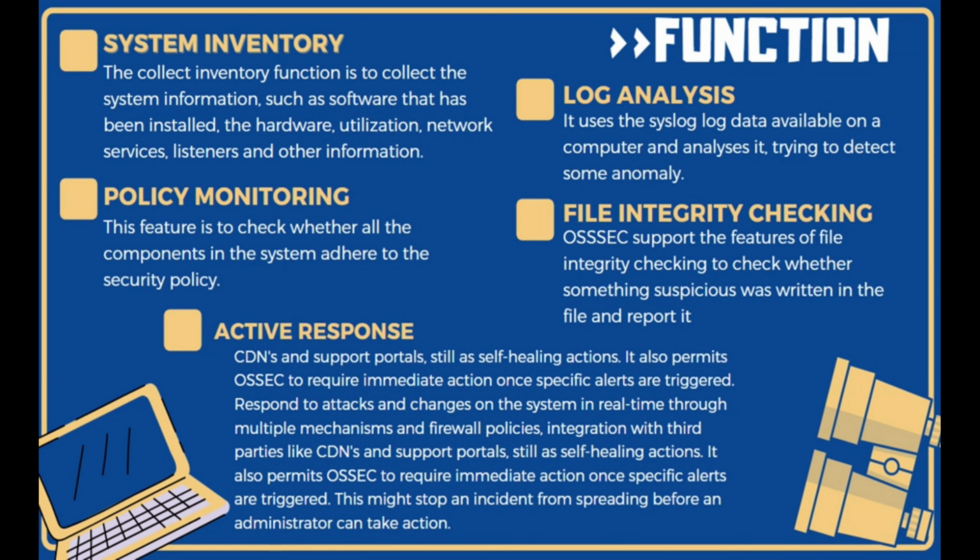The fifth is active response, which also supports self-healing actions. It permits Ossec to take immediate action once specific alerts are triggered, responding to attacks and changes on the system in real time through multiple mechanisms, and firewall policy integration with third parties. This might stop an incident from spreading before an administrator can take action.